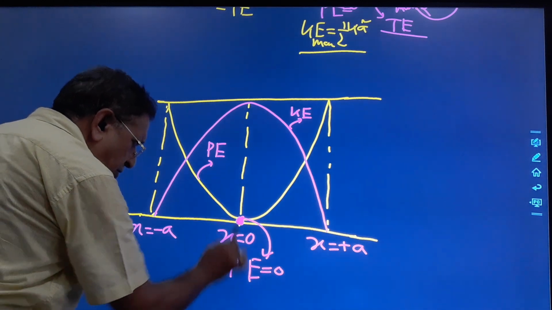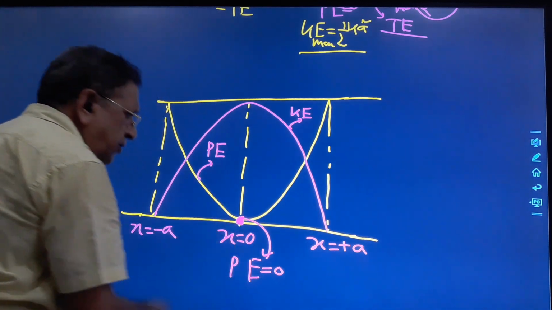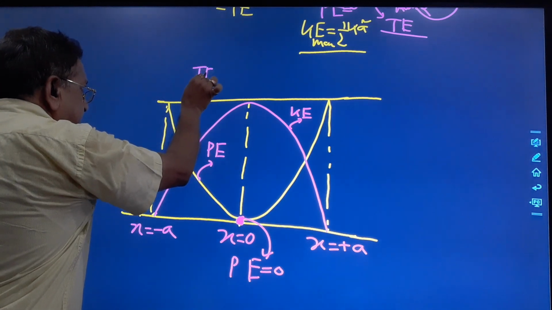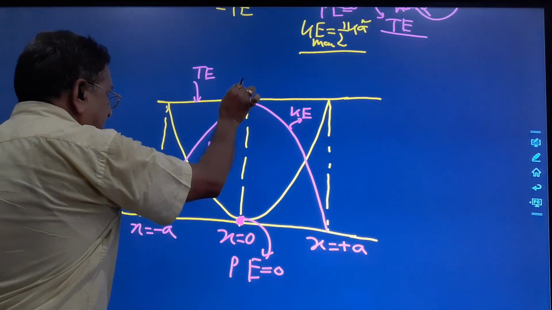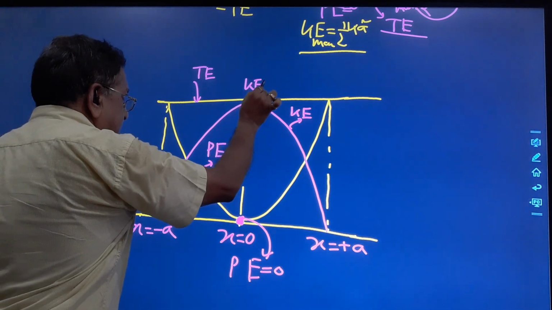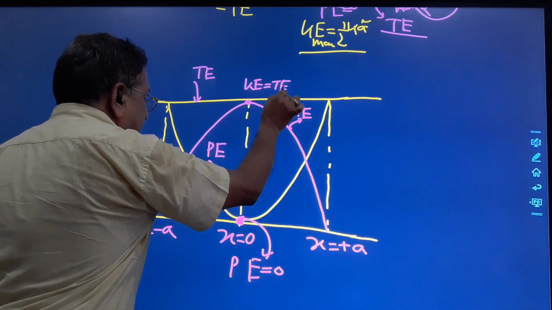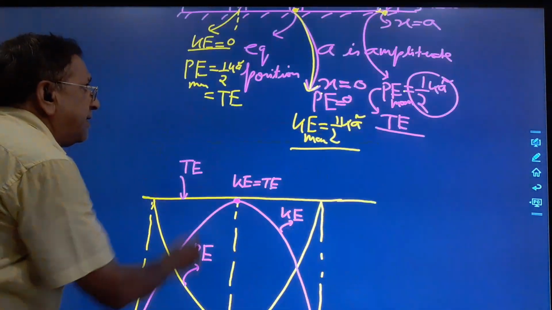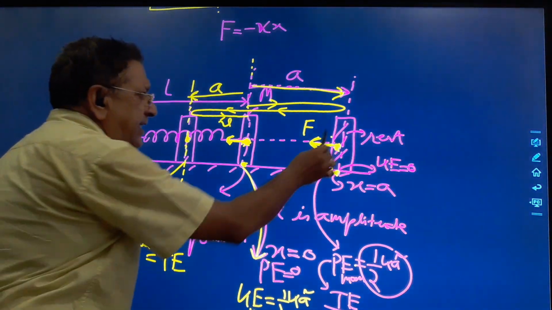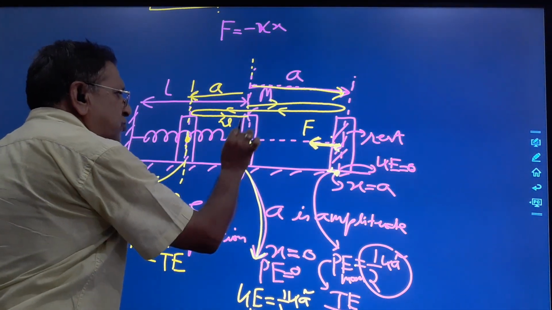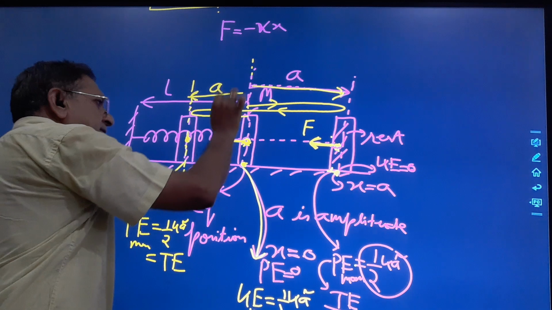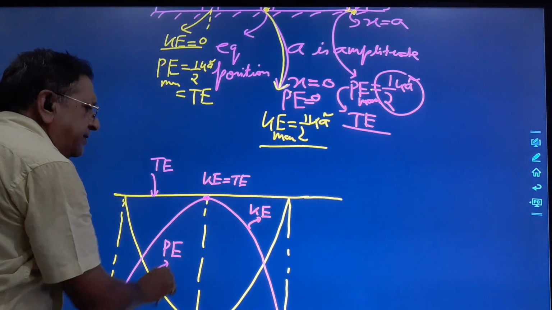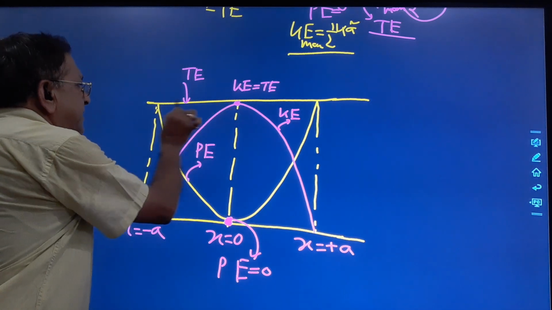At x is equal to 0 potential energy becomes 0, and the total energy, which is constant, is all kinetic energy. As we release the block from this position, when it comes to x is equal to 0, the total potential energy converts into kinetic energy, which is maximum and equal to the total energy.